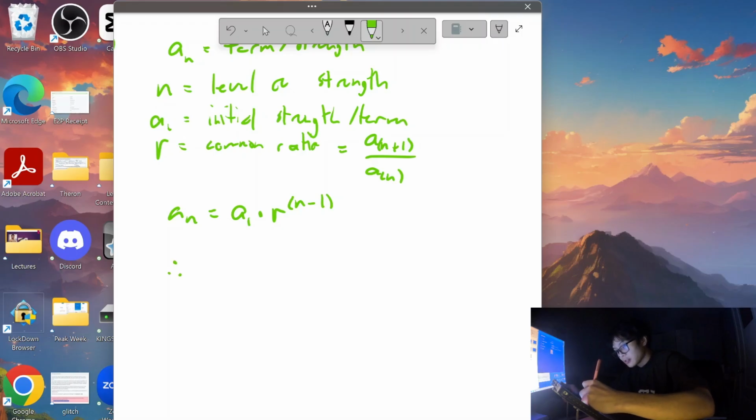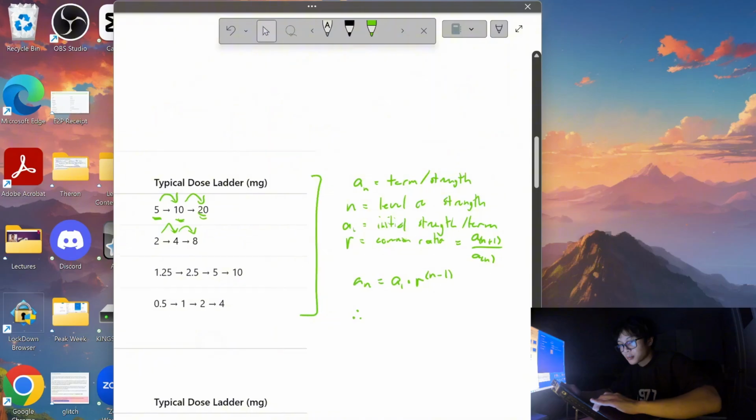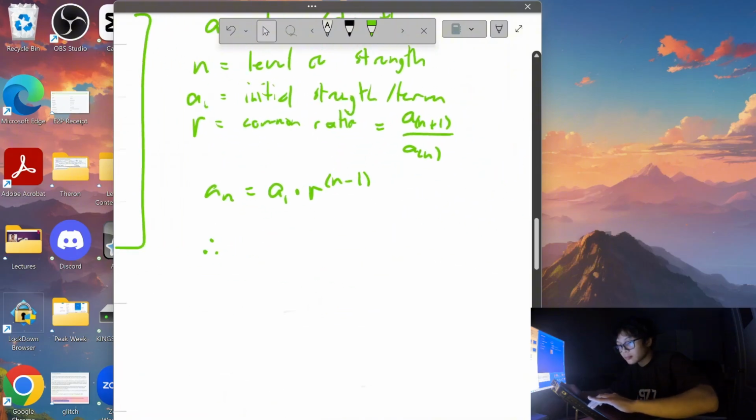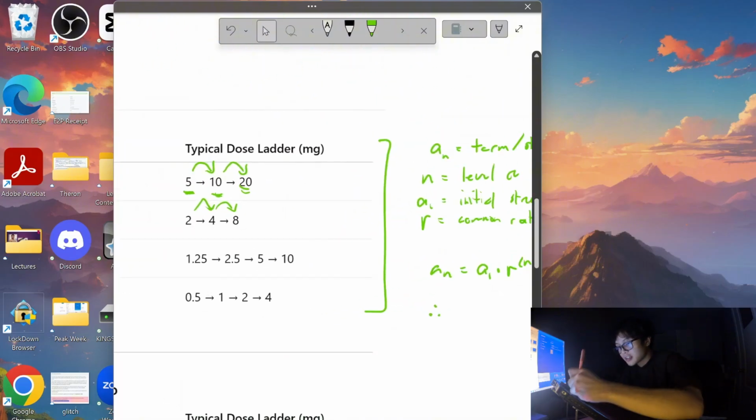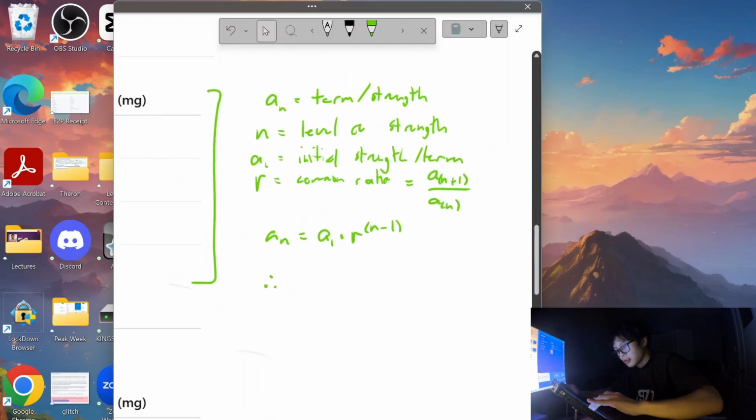Therefore, let's go back to the lisinopril example. Let's look at levels of strength 3, 2, 1.